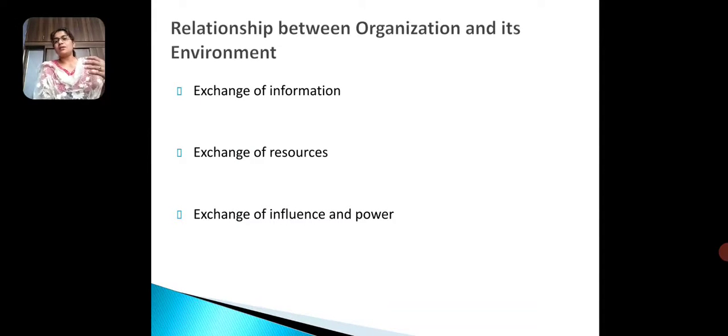Same way, sometimes big organizations have their own influential power on how things happen, either on the political front or on the societal front. So society or sometimes government gets influenced by the powerful position of big business houses. So organization and environment are closely related to each other, because they constantly exchange information, resources, influence and power. So they are closely related.